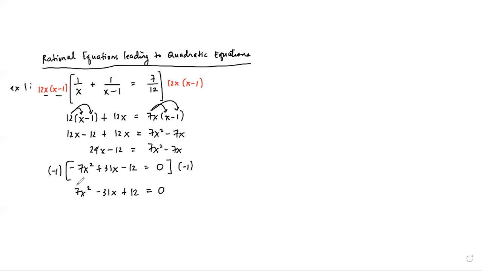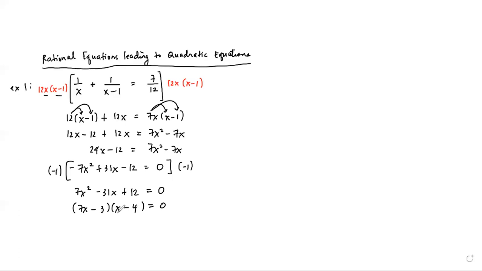Factoring the left side, we get 7x times x as the factors of 7x squared, and the factors of positive 12 will be negative 3 and negative 4. To check if the middle term is attained, 7x times negative 4 is negative 28x.